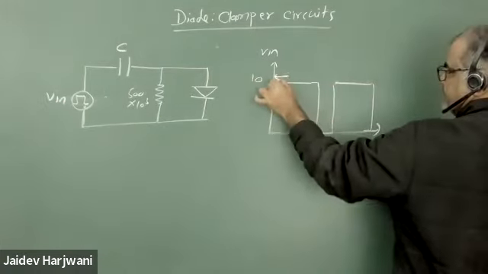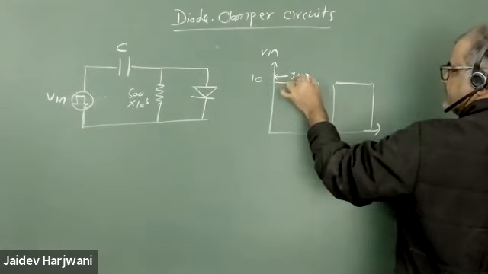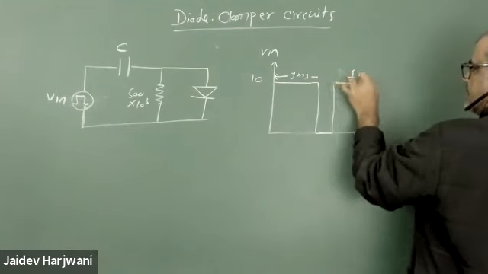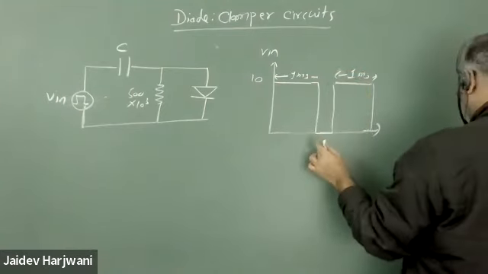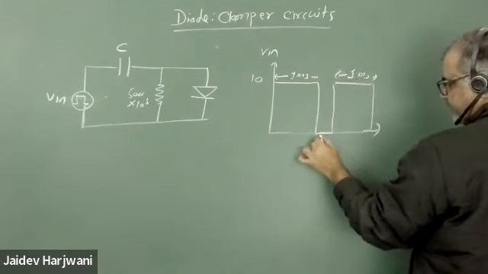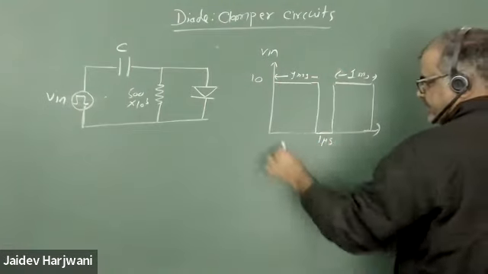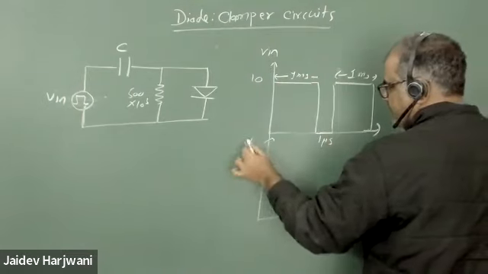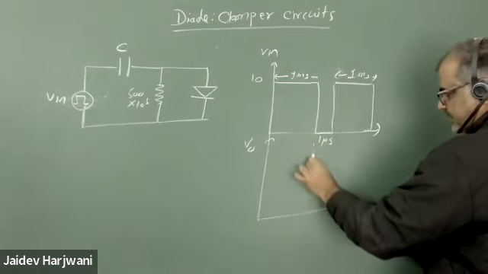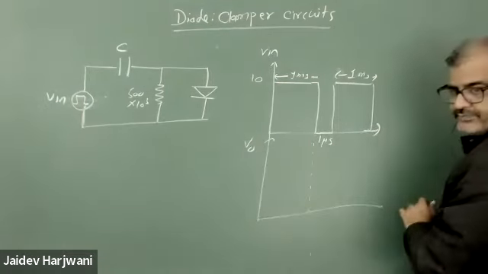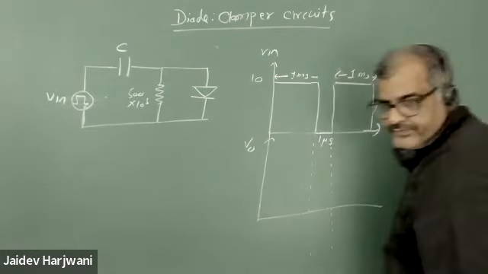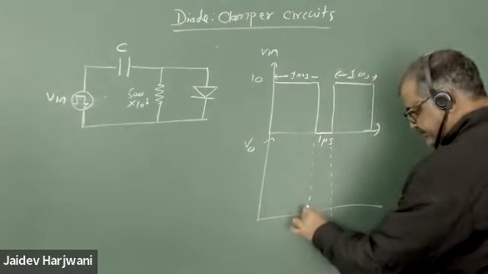The time is 1 millisecond pulses, and in between there is a gap of 1 microsecond. Now I want to find how my output will look like in these periods. Visible, no?